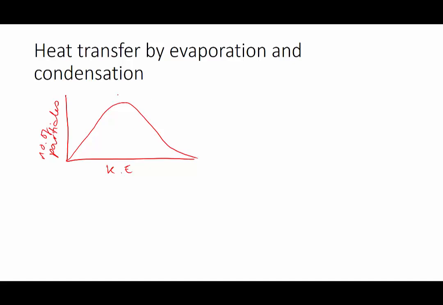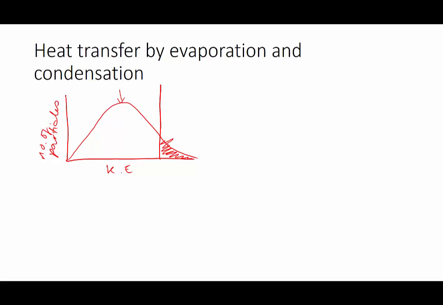if you've got a certain fluid, the average kinetic energy is going to be what determines the temperature of the fluid. Now, not all of these particles are going to have enough kinetic energy to leave the surface of the liquid, but some of them are. So let's say it's these ones here. These particles all have enough kinetic energy to leave the liquid.